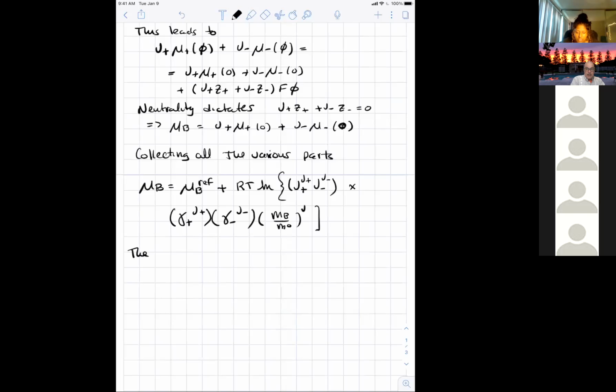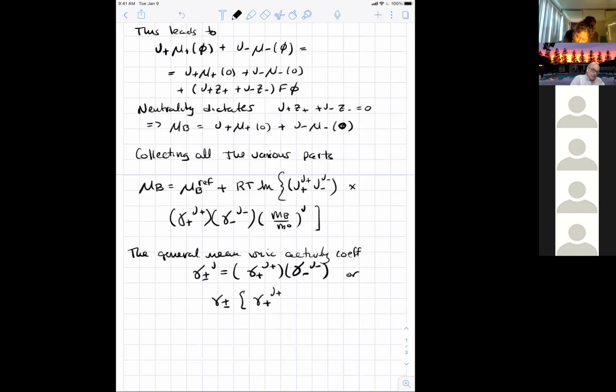Again, we're going to use a mean ionic activity coefficient as before. But this time we have to be a little bit more careful with it because of the different stoichiometries that are possible in general. One over nu.